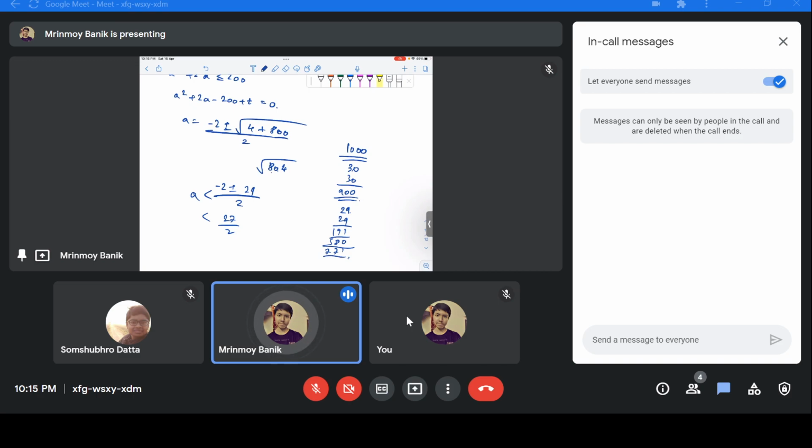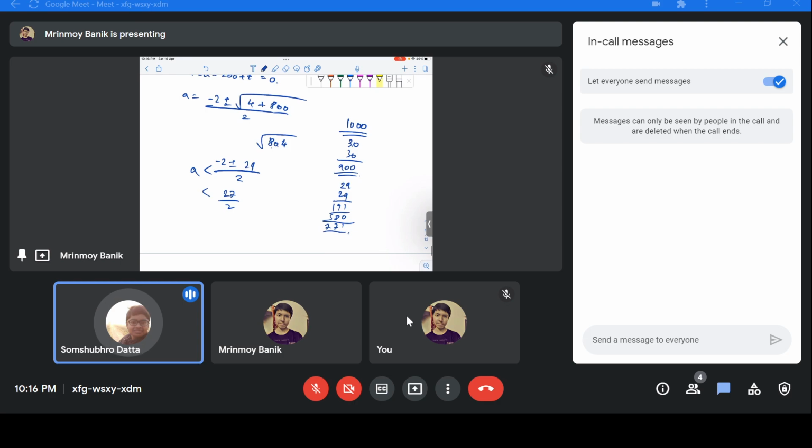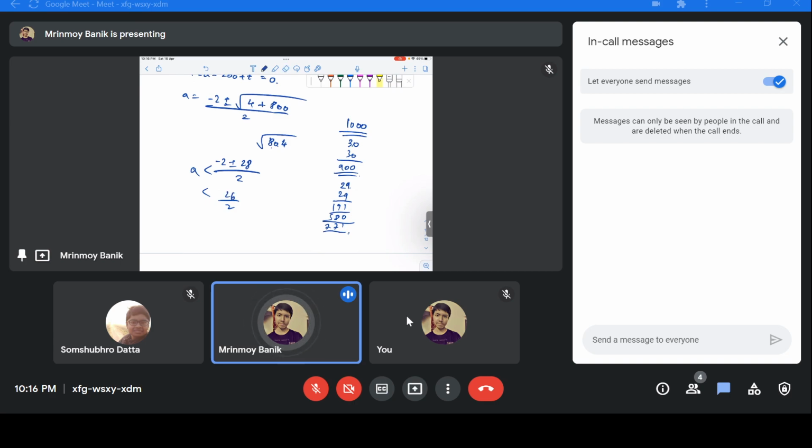According to my calculation, it should be greater than root 800. Over 804, we can approximate it to 800 because it's such a large number. So 800 is 400 into 2, so 20 root 2. Yeah, we should go for 28. So this is 26, so 13.